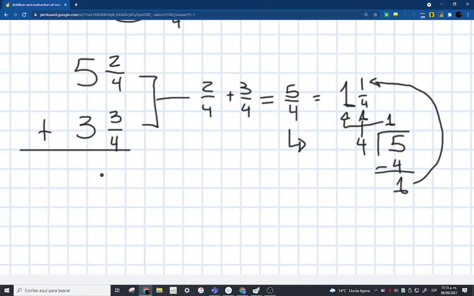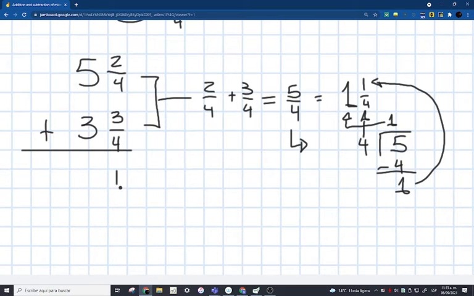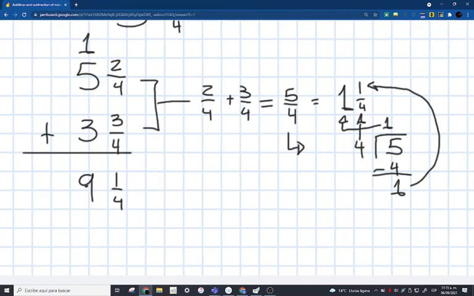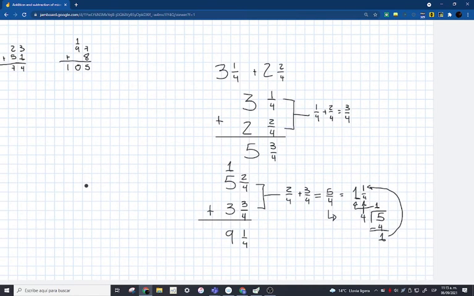So what are we going to do? We write the 1/4 here, and the 1 comes to the next part because it's this part of the natural numbers. And then we add 1 plus 5 is 6, plus 3 it's 9. This is the actual result. Okay, if you realize, we did something similar to what happened here.